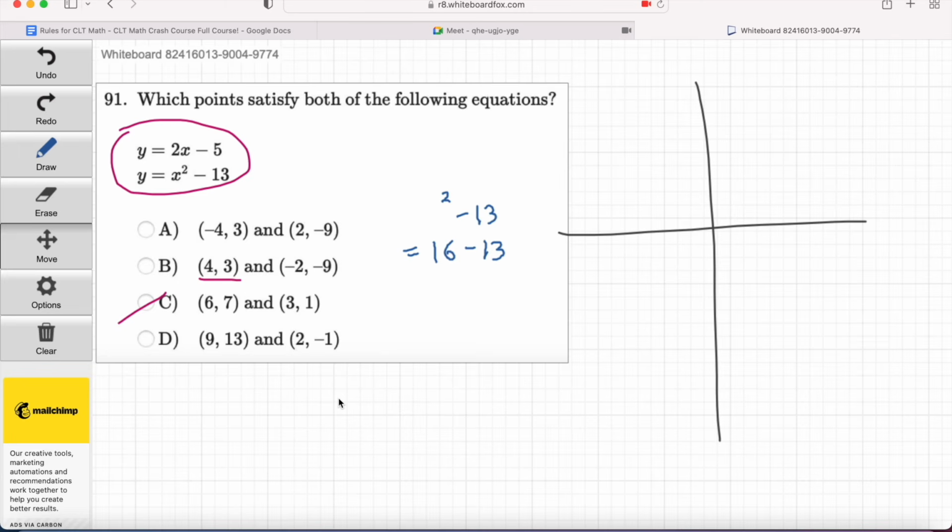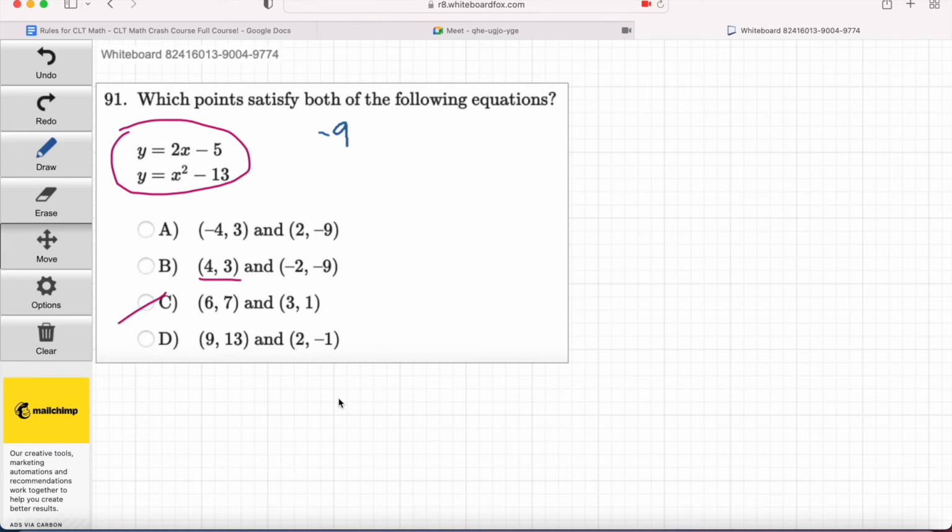Even with the negatives, it's not too bad. All right, looking good. True statement. Yep, that works. Let's try the bottom equation.